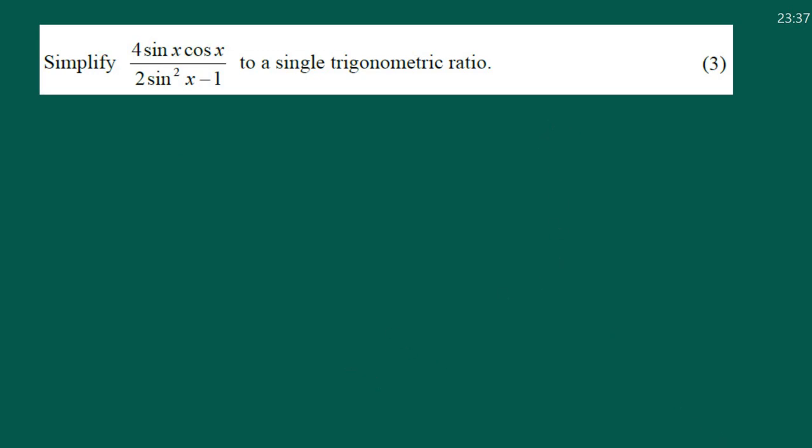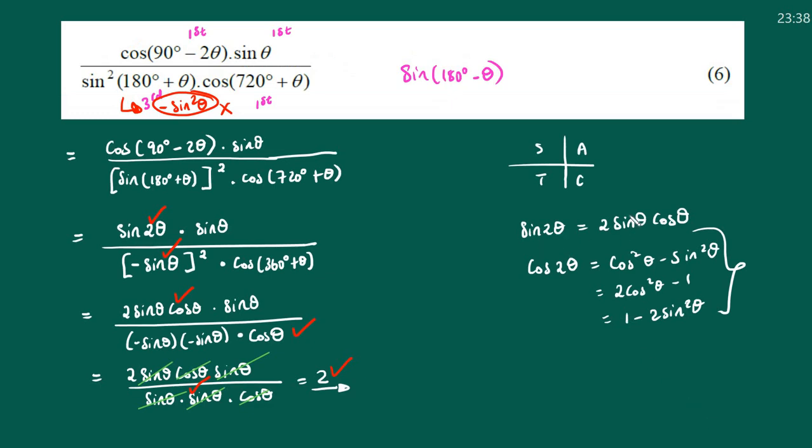You know that the double angle formula for sine, remember we said that it is 2 sine theta cos theta. So if you see something that is sine times cos, you can always go back to the double angle.